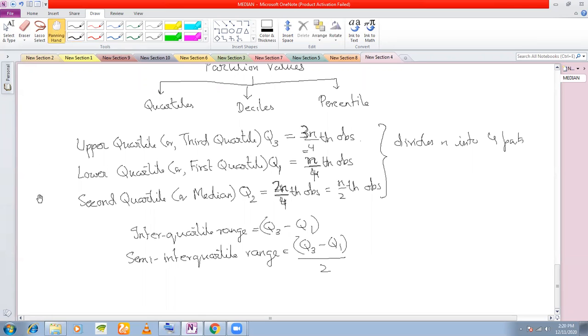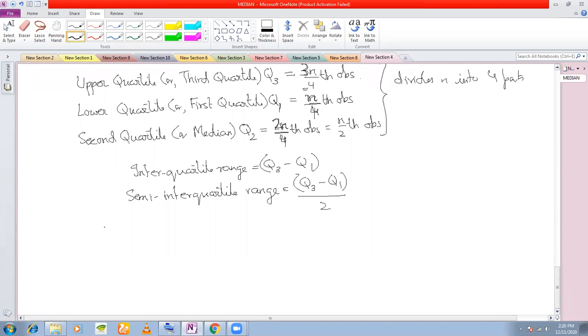Next, we come to the deciles. Deciles are those statistical parameters that divide the total number of observations into, deca means what?